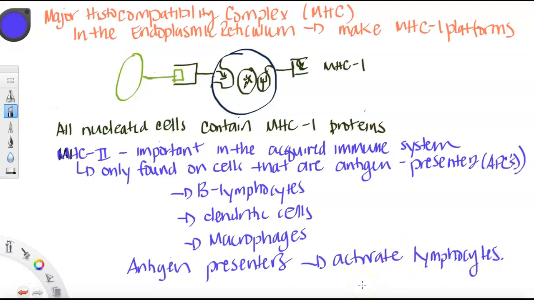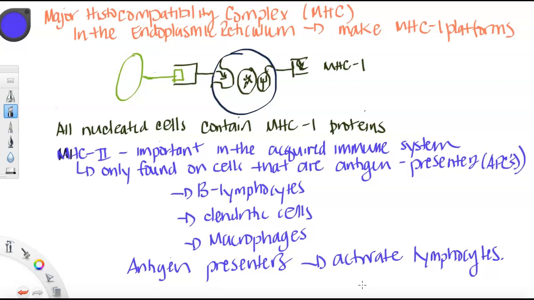So there are two flavors of major histocompatibility complexes, the MHC1 and MHC2. MHC1 is on all nucleated body cells. That means your red blood cells don't have them, but all nucleated body cells have MHC1 proteins. The only cells that have MHC2 are those three: the B lymphocytes, the dendritic cells, and the macrophages.